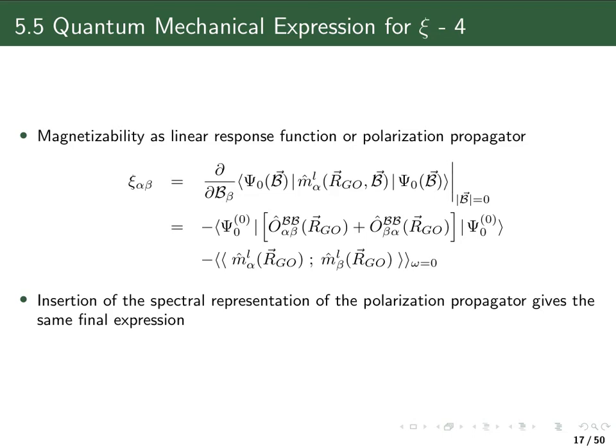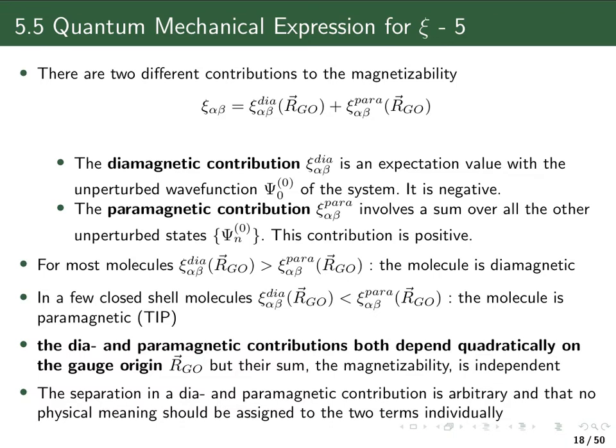So independent of which expression or which way we choose, we always end up with two contributions to magnetizability. And they have two different names. One is called the diamagnetic contribution and one is called the paramagnetic contribution. The diamagnetic contribution is the expectation value, with the unperturbed wave function, of those second order perturbation operators.